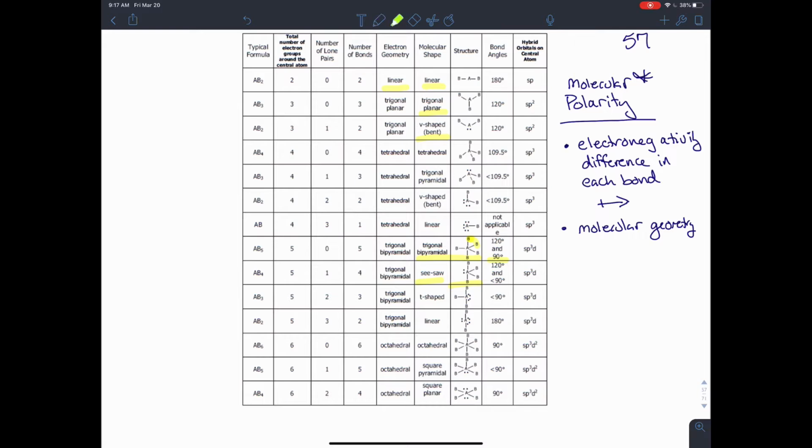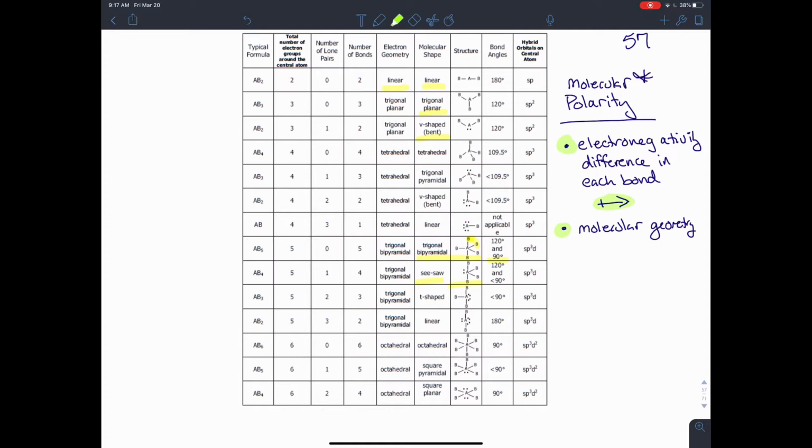One, we'll look at the electronegativity difference in each bond, right? And that's where we left off on our last quiz. We were able to find a bond's electronegativity difference and use a little arrow to annotate that. And then two, what we're adding to it now is we want to use the geometry of the molecule, which wasn't always clear, but VSEPR helps to give us the best possible prediction of what that molecule's shape will be.